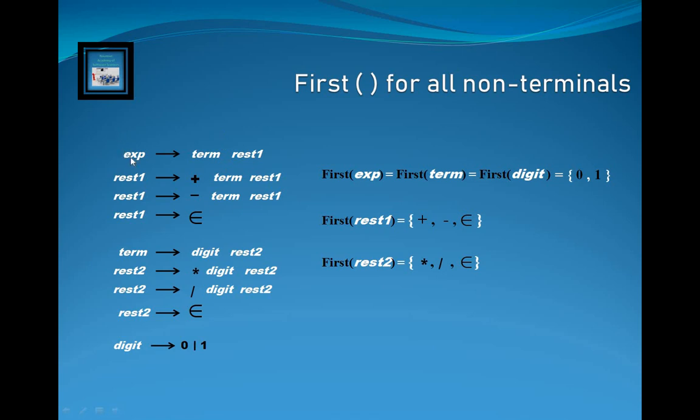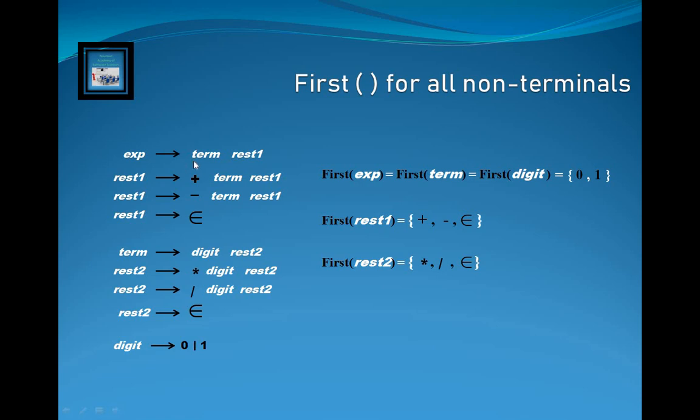So here exp is a non-terminal, rest1 is a non-terminal, term is the third non-terminal, rest2 is a non-terminal, and digit. So here there are 5 non-terminals. First of exp: there is only one production of exp, and that starts from term. So first of exp is equal to first of term. We cannot decide directly because there is no starting token on the right side of the production.